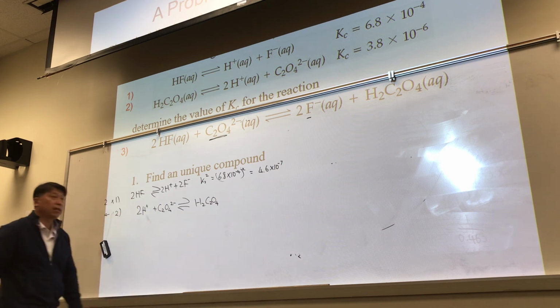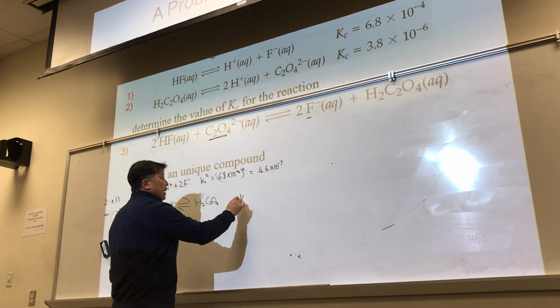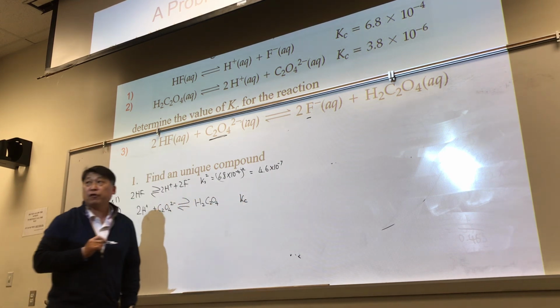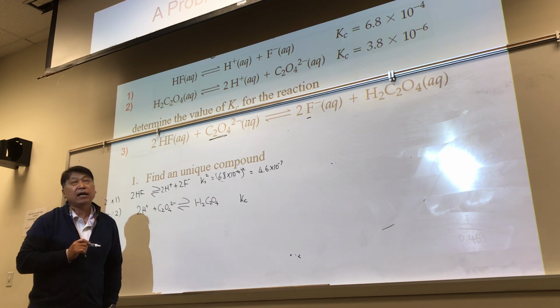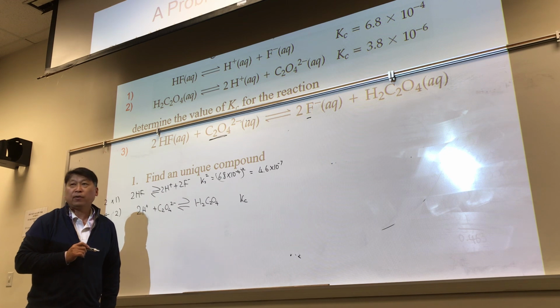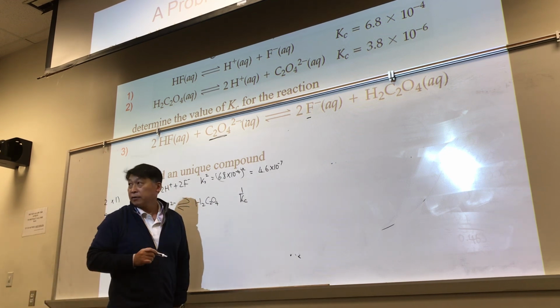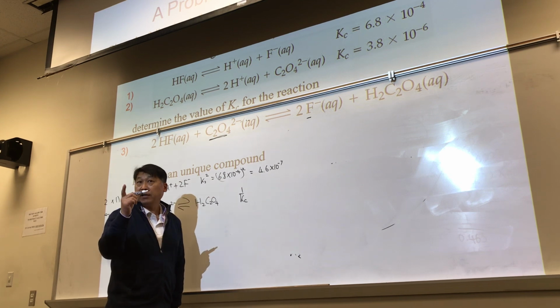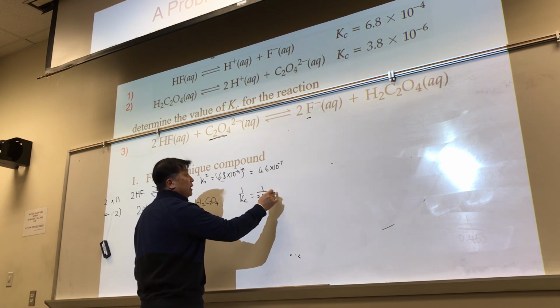Do you all see what I did? I reversed it, correct? So then what do you do to KC? If you reverse the equation, you inverse it, put it over 1, on the bottom. So in this case, 1 over 3.8 times 10 to the negative 6.